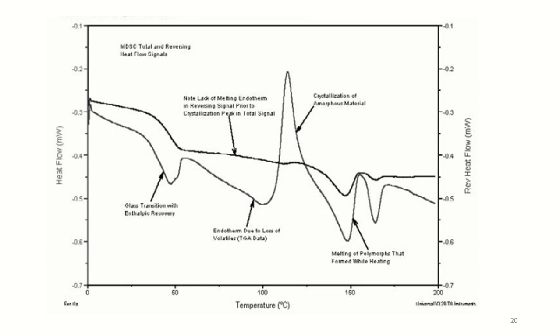The reversing heat flow signals show a very clear glass transition at about 30 degrees Celsius, which is very clear in this diagram, and two melting peaks at about 125 degrees Celsius and 175 degrees Celsius.